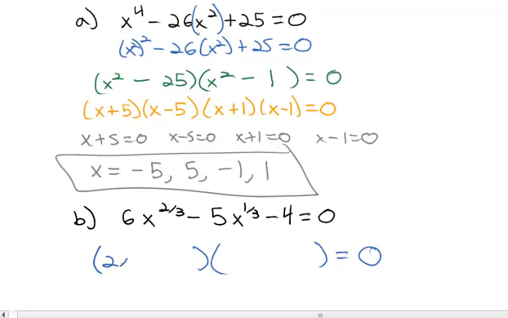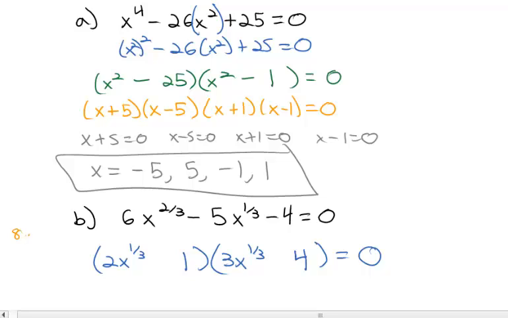So 6 is probably 2x to the 1/3 times 3x to the 1/3. 4 could be 2 and 2, but if we did 2 and 2, we would have a GCF in the left factor, so 2 and 2 is not going to work. So it's probably 4 and 1, and the 4 can't go with the 2, so I'm going to go 4 and 1 on the outside. See what that gives me.